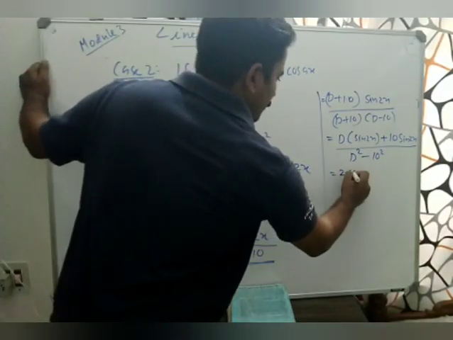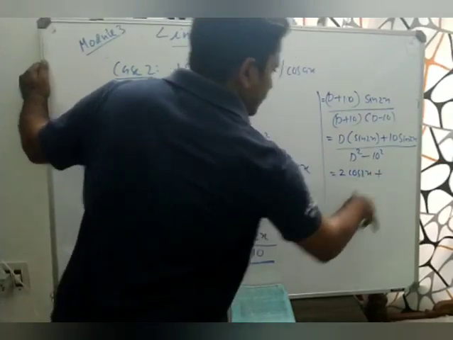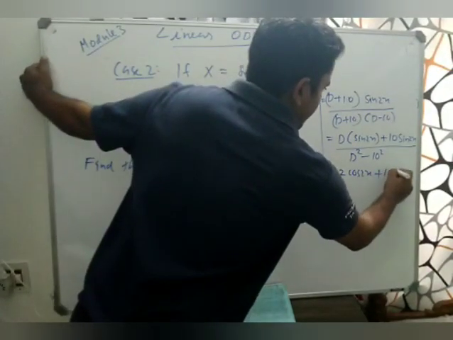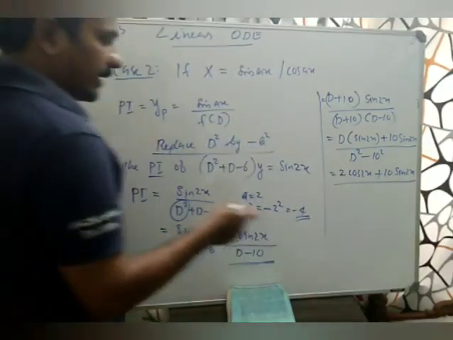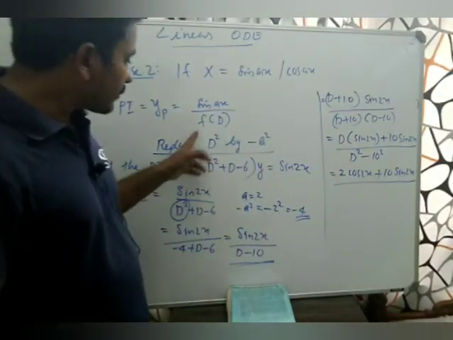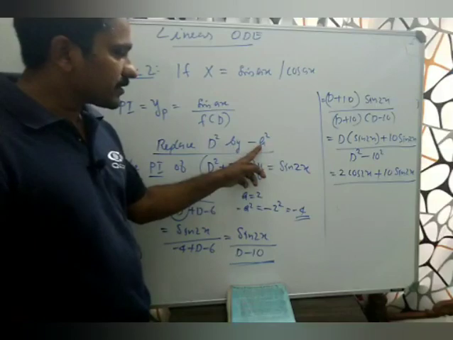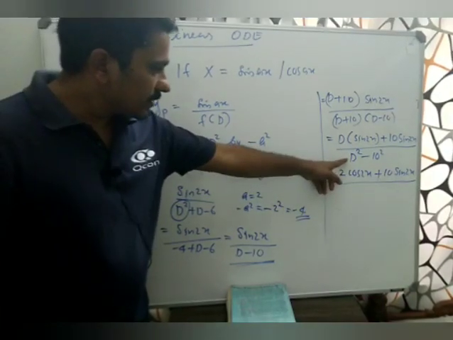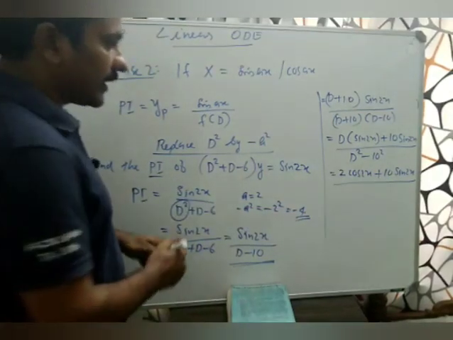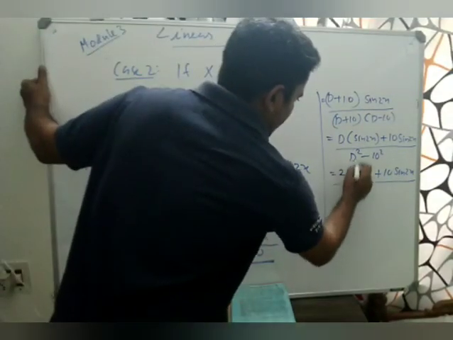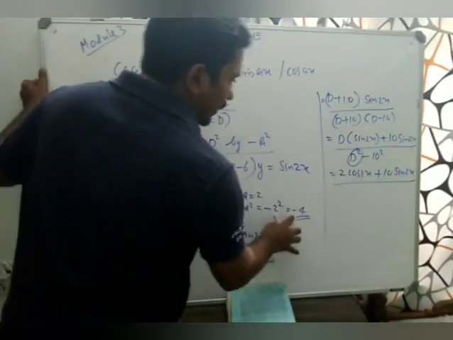We'll get 2 cos 2x plus 10 sine 2x over, again we apply the same procedure. Replace D square by minus a square. That means this D square can be replaced by minus 4 again.